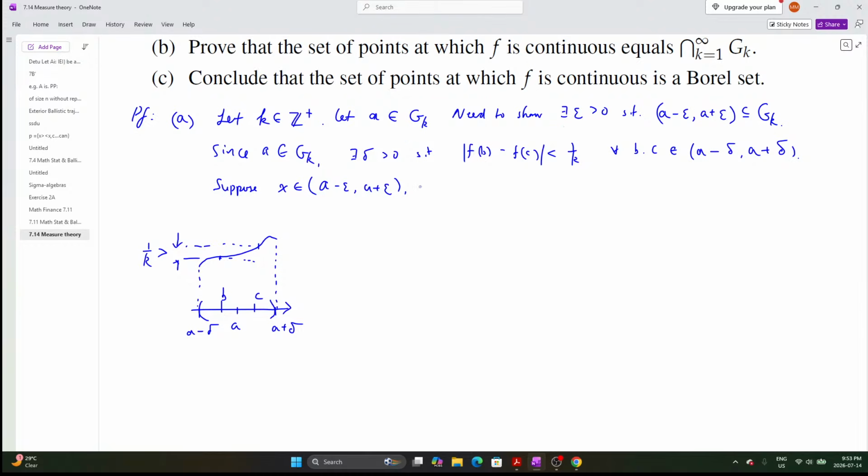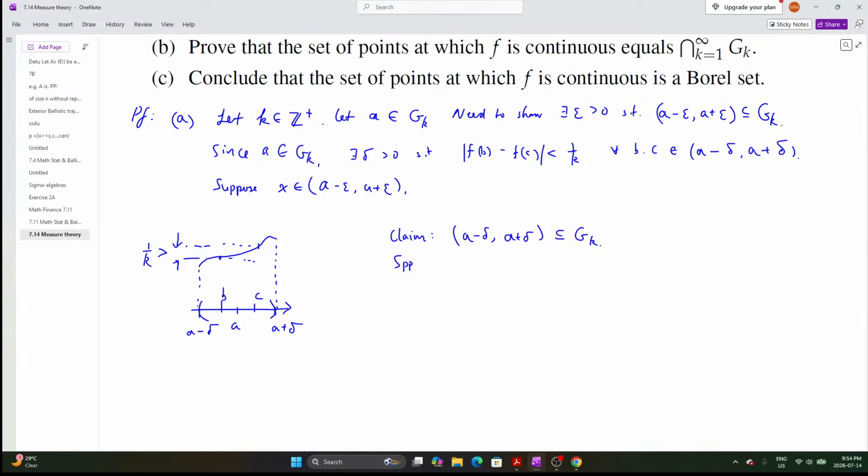Let's write a little claim. If it works, then it works. If it doesn't work, then let's think about something else. Let's claim that for this particular delta, (a minus delta, a plus delta) is in G_k.